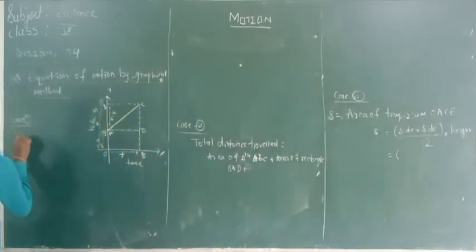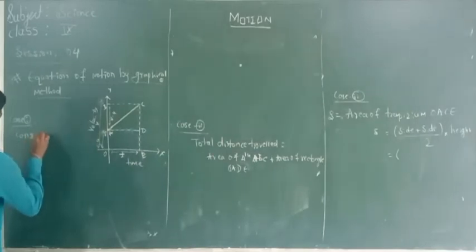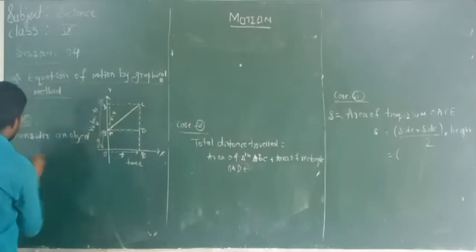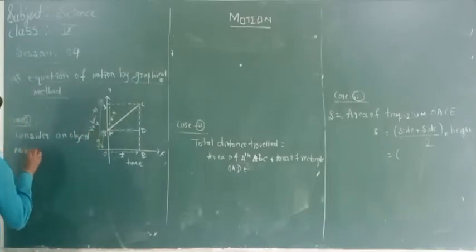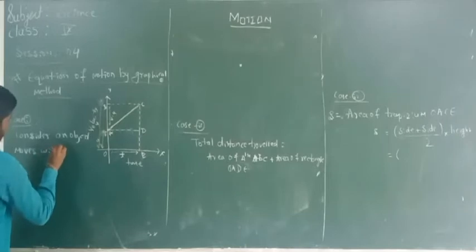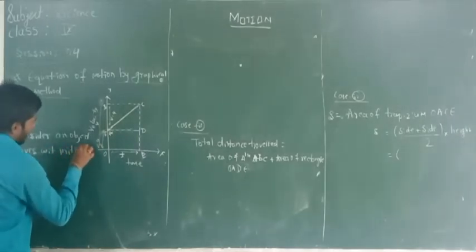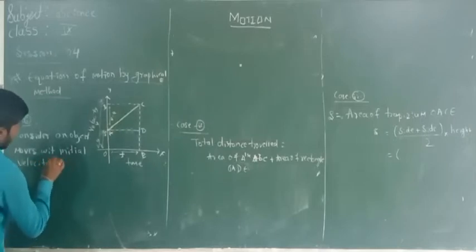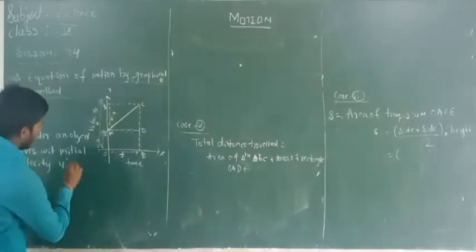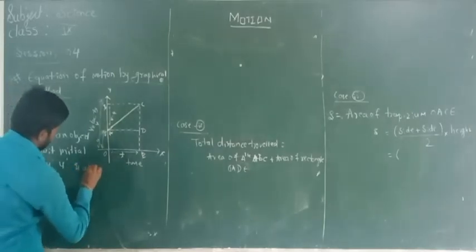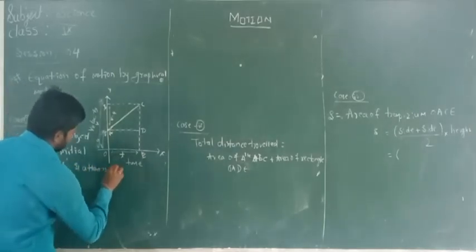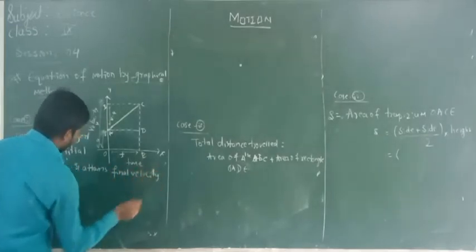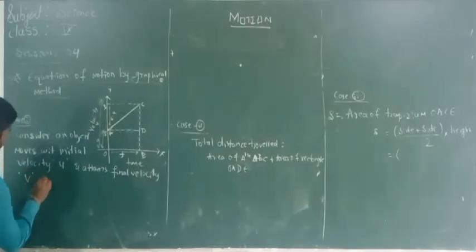Consider an object that moves with initial velocity u and attains final velocity v in time t.